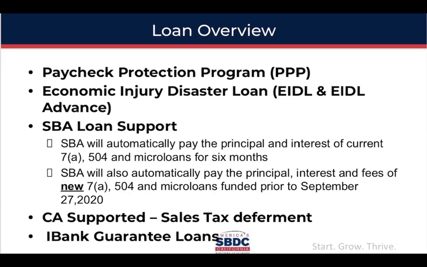Okay, if you have the existing ones, SBA will pay for the 6 months principal and interest, right? But you say, okay, I want to get new loans for business loan, which is a 7A and traditional loan. So those are loans that's not linked to the disaster loan, right?